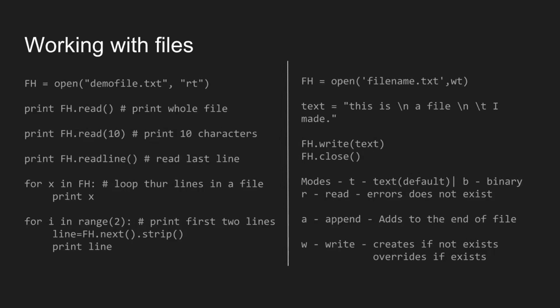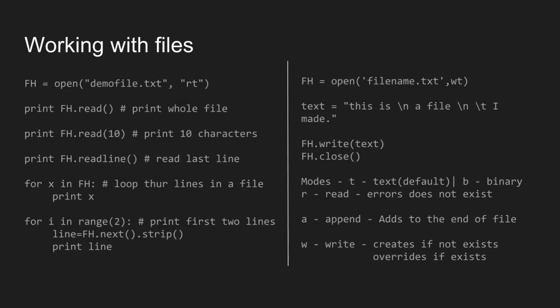So we're going to create a file handle, and normally I call it FH for file handle, right? And I open the file name, and then there's a couple of options here. There are different modes.